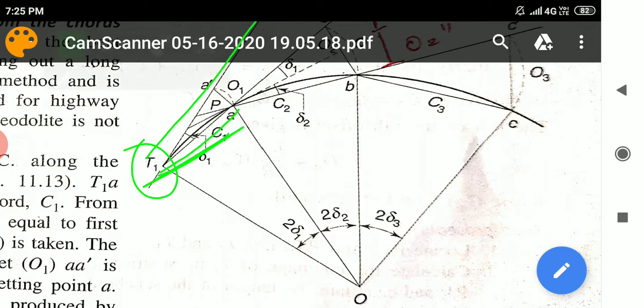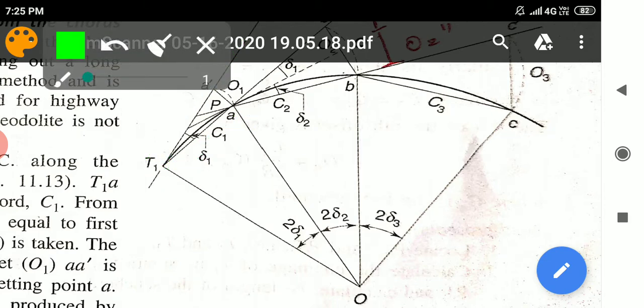From the point of curve, the distance C1 or T1A dash is taken.